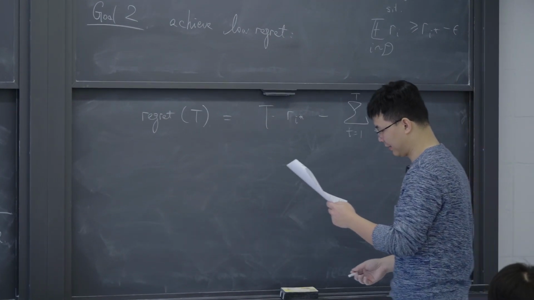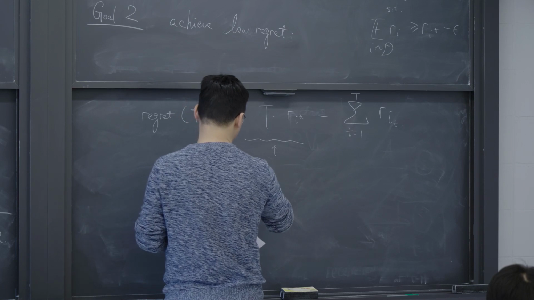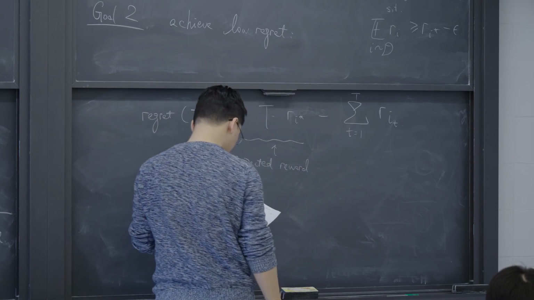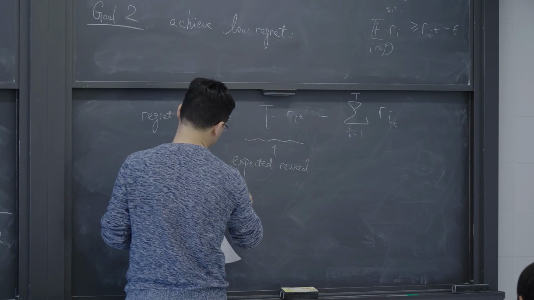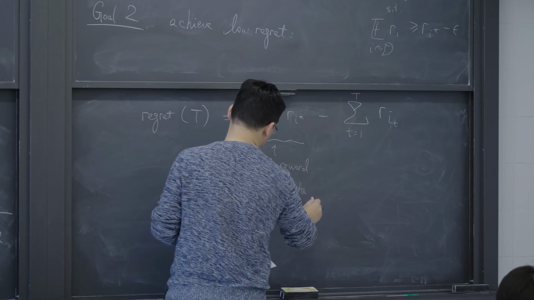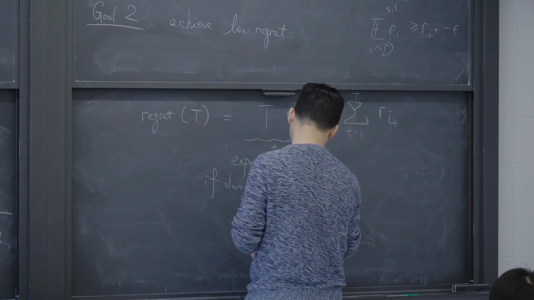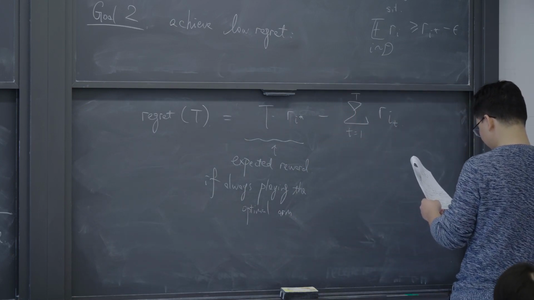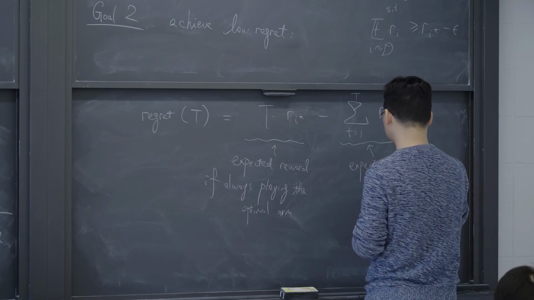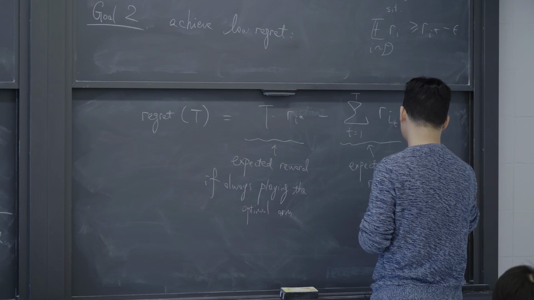So this first term is essentially the expected reward if always playing the optimal arm, and this second term is the expected reward received by the learner.